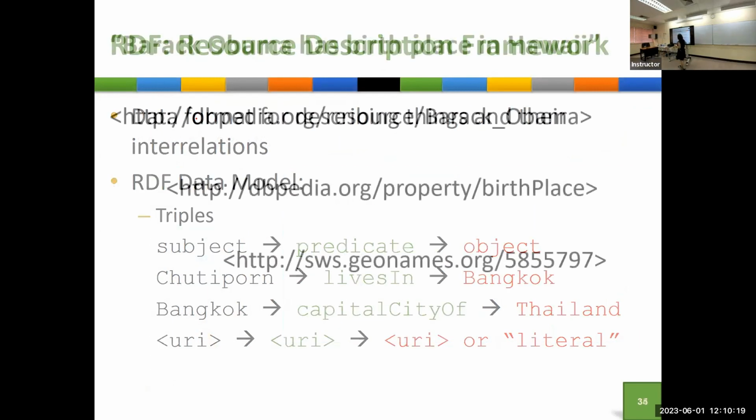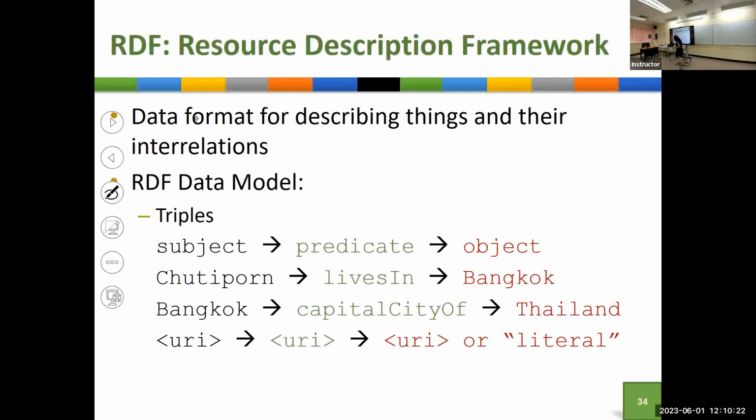We talked already about RDF description: subject, predicate, object. And everything is in the form of a URI, except if it is a literal.